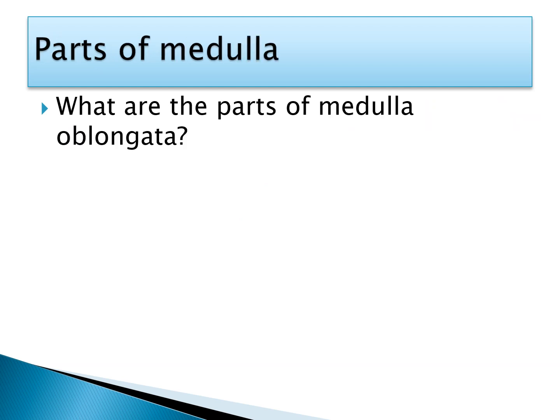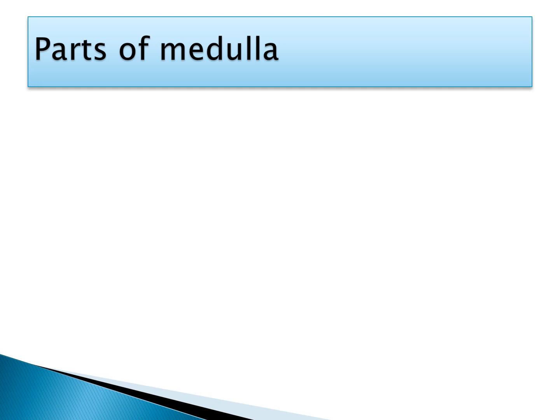Before we move on to the details of the medulla oblongata, you have the quiz. What are the parts of the medulla oblongata? Do you know the parts of medulla oblongata? Watch the video carefully and understand the topic so that you will understand the parts of the medulla oblongata. Now I will explain.